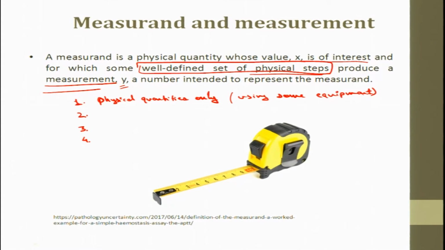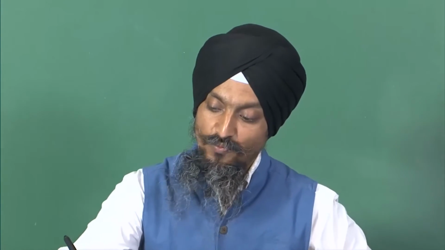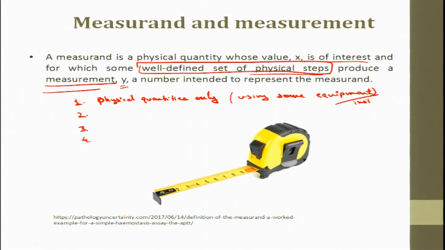The tool can be a questionnaire, there can be a telephonic interview. These can also be called instruments. So it is better to use the word equipment. If I use the word instrument here as well, it would be one of the instruments that we have studied before, or the tool that we have studied before in this course only. So it is about the physical quantities.